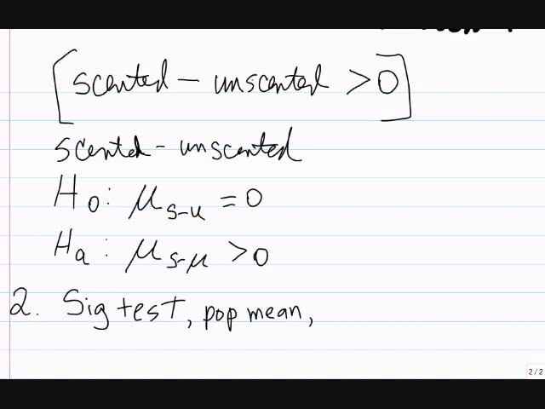What distribution are we going to use? Normal or T? Are we given the population standard deviation? No. So we're stuck with the T distribution. And again, we have a single sample, but we'll call this a paired single sample.